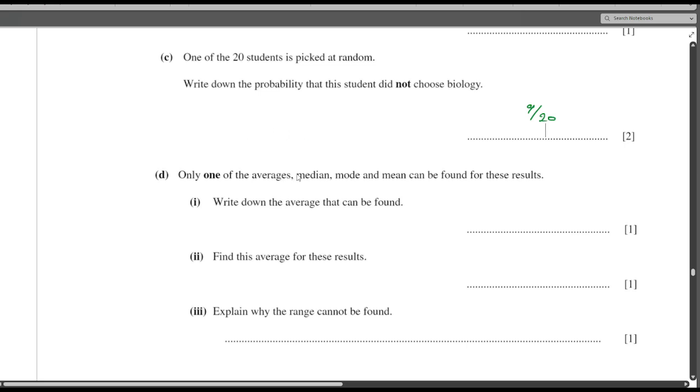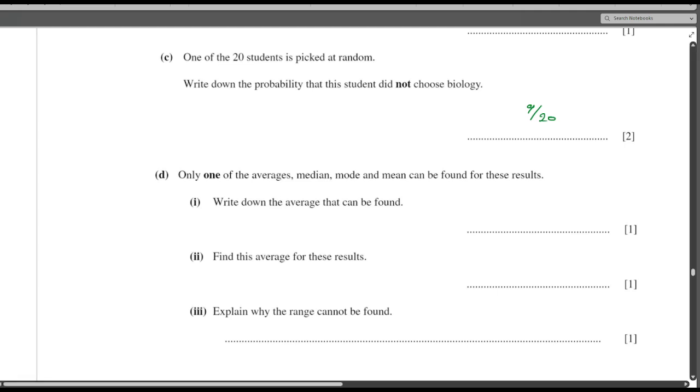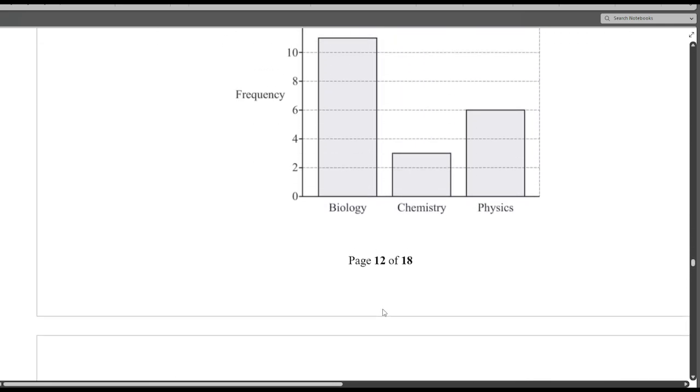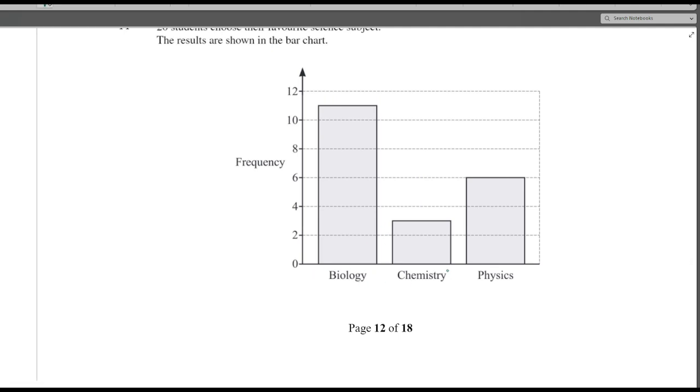Only one of the averages, median, mode and mean can be found for these results. Write down the average that can be found. Okay, so as you can see this data, if you want to find mean, then this data, biology, chemistry and physics, should be in numbers.